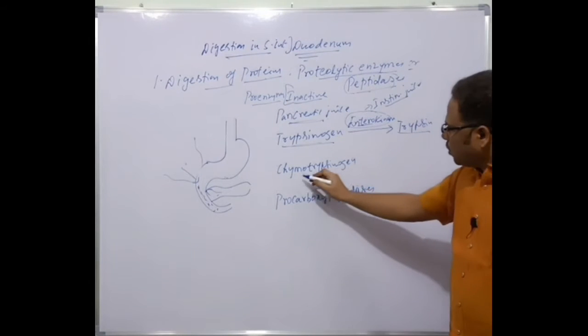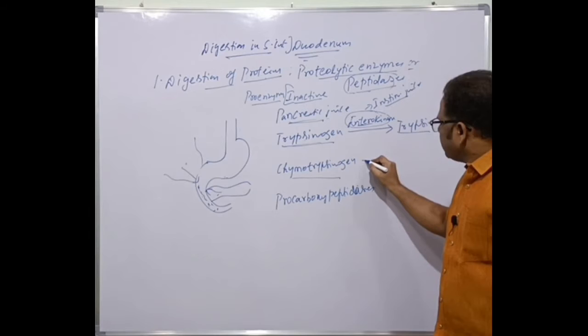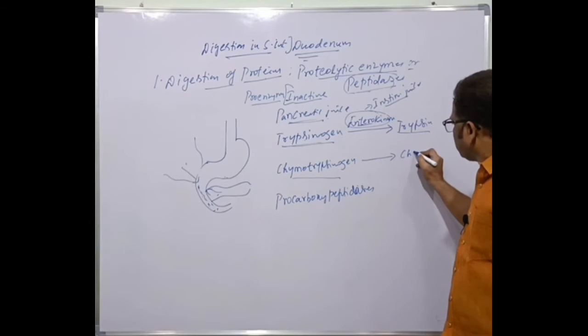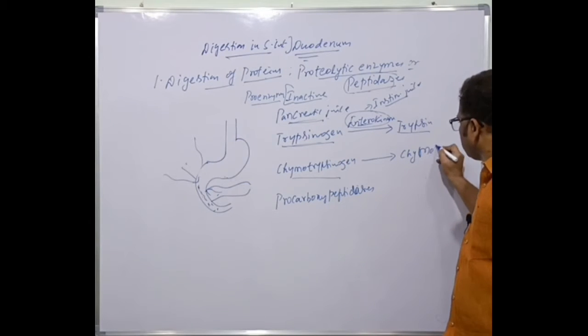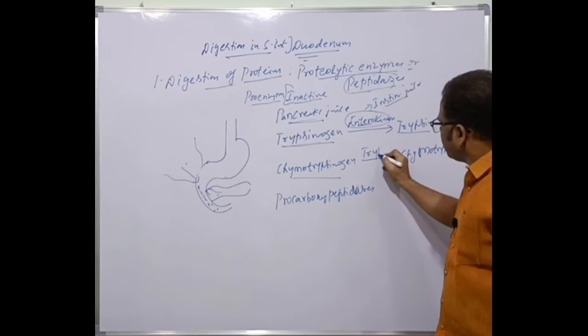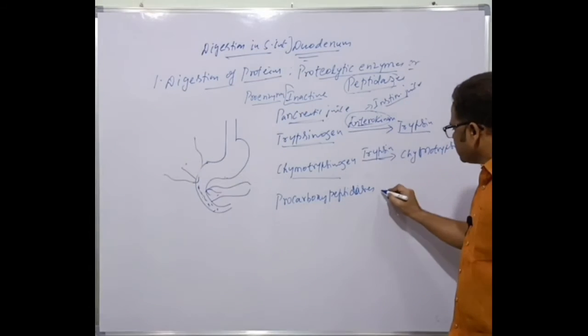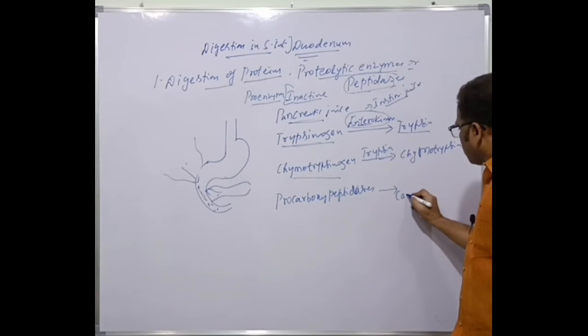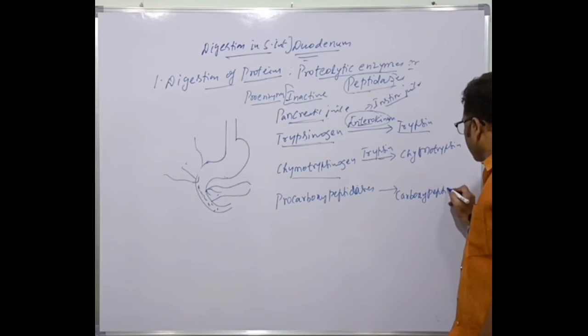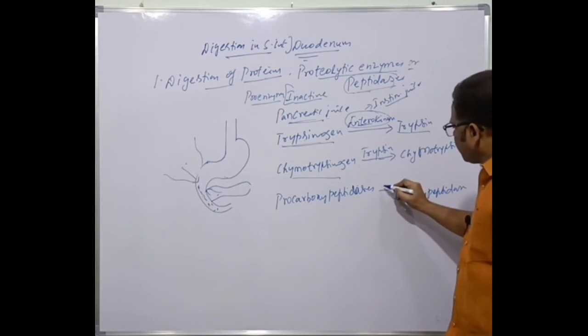Now the chymotrypsinogen can be converted into chymotrypsin in the presence of trypsin. And the procarboxypeptidases are converted into carboxypeptidases, again in the presence of trypsin.